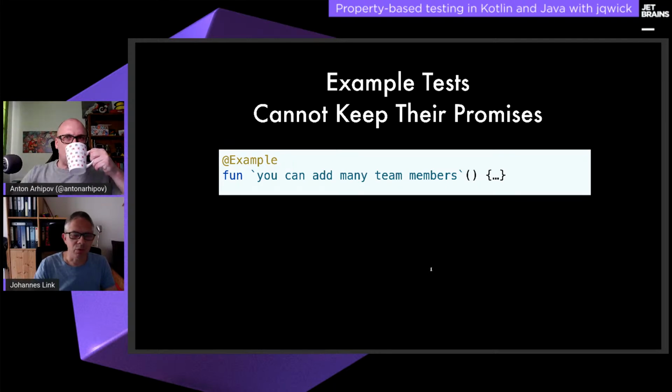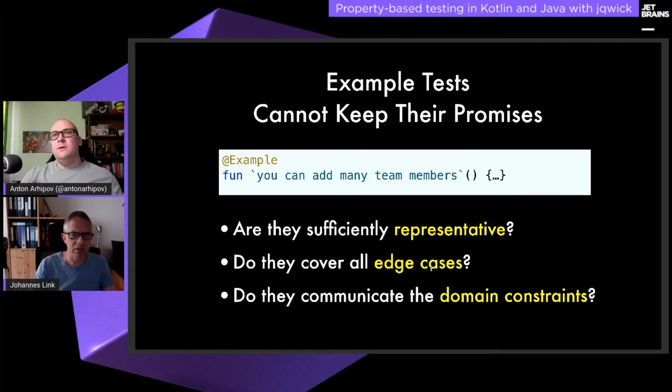So the problem with this promise is that it's claiming to do some very generic thing, adding many team members, but actually you cannot be really sure that the example tests you have are sufficiently representative, that they cover the full realm of this feature. There could be more to it.